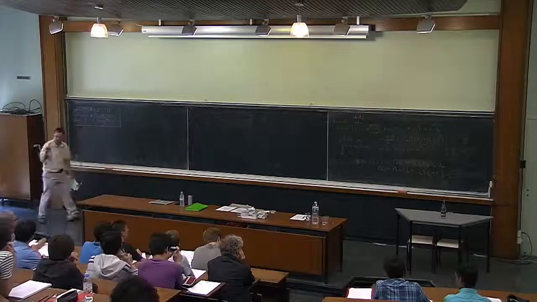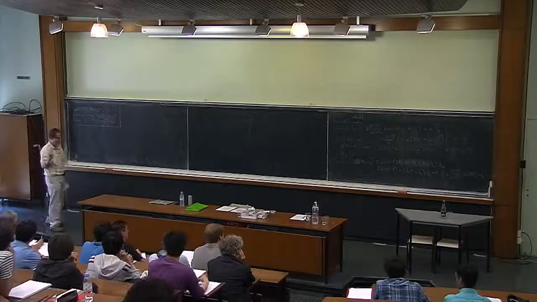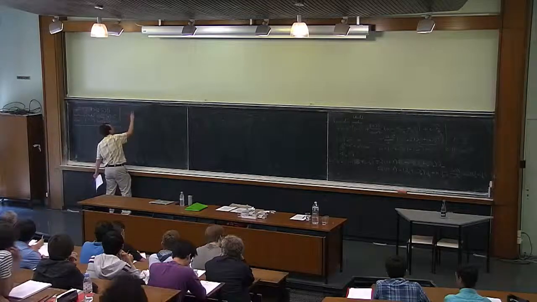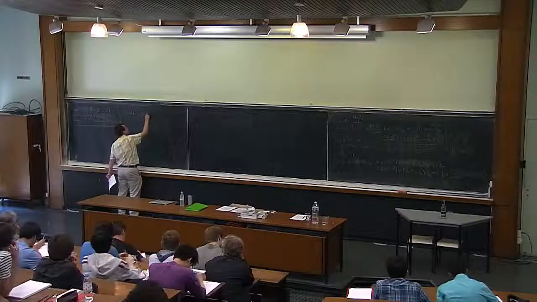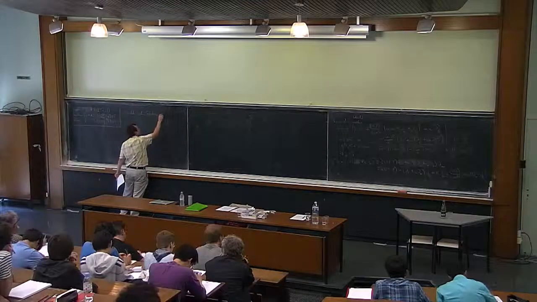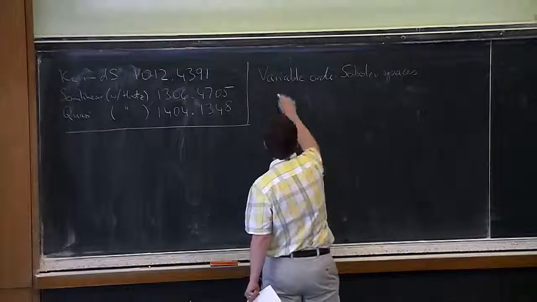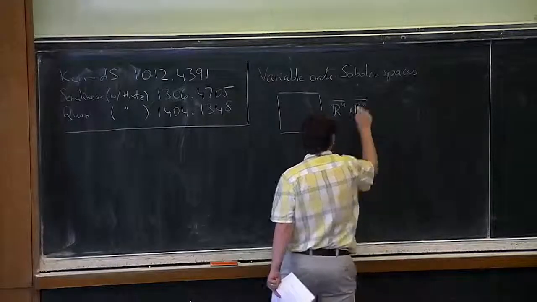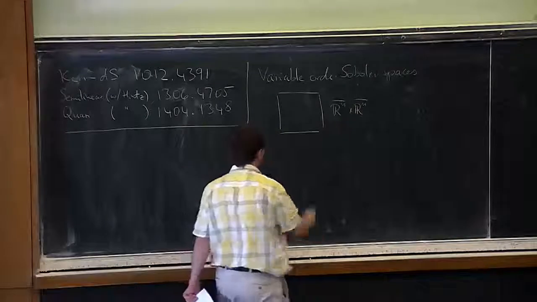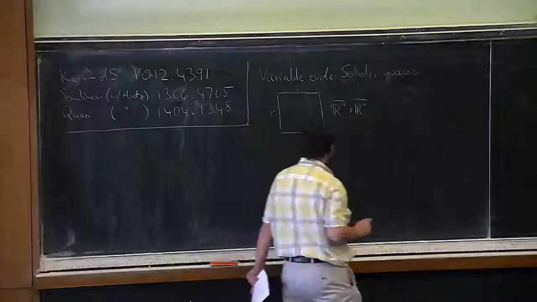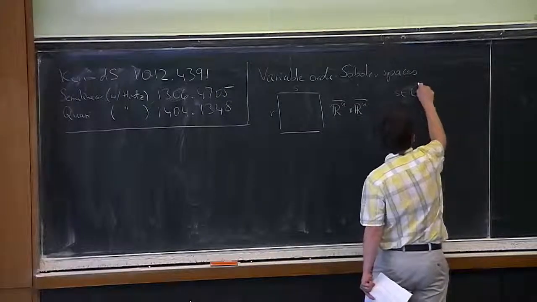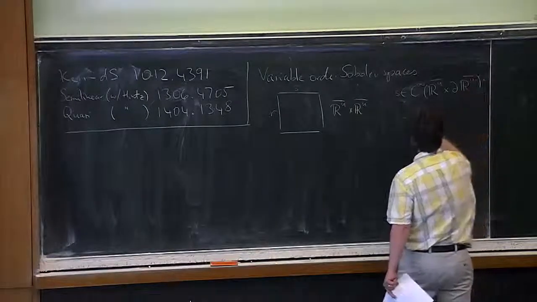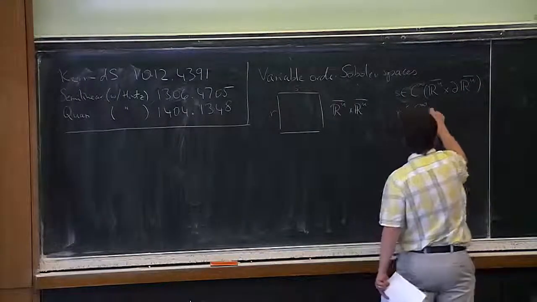For now, let's start by saying something I forgot to define, although I used it, which was variable order Sobolev spaces. I sort of said what happens, but remember the picture was that we have this compactified space, R^n bar plus R^n bar, and then we have order functions s and r, where you really think of s as a function on fiber infinity, so momentum is infinite, and r as a function on spatial infinity.